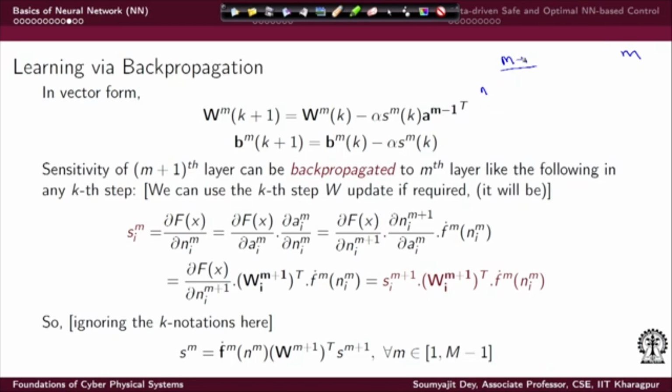Sorry, let's try to link up the mth and m plus 1th layer. That will be more relevant to this expression that we have. So we have the mth layer and we have the m plus 1th layer.